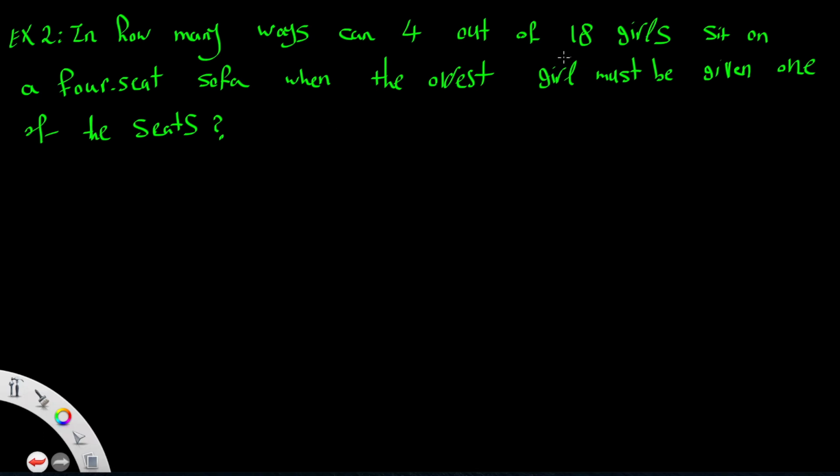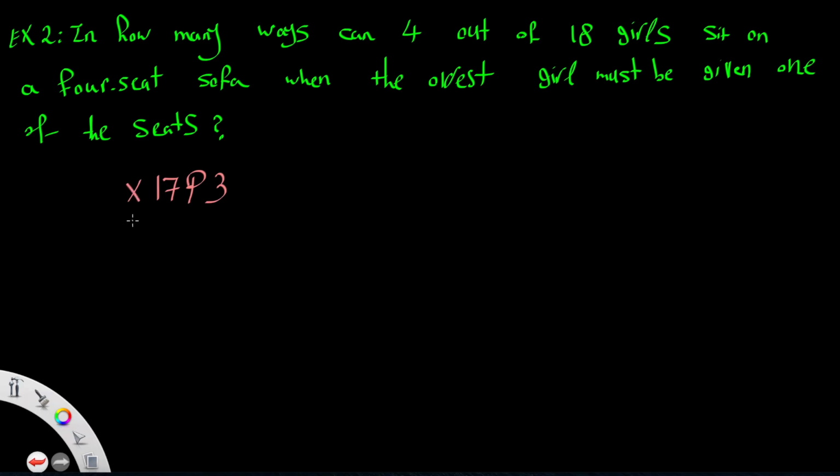So out of these 18 girls, one of them is the oldest one, so 17 girls are the options from whom you are going to choose 3. So it will be 17P3, because the oldest one definitely will be given a seat, and one seat will be occupied by the oldest girl, so 3 seats will be available for these 17 girls.